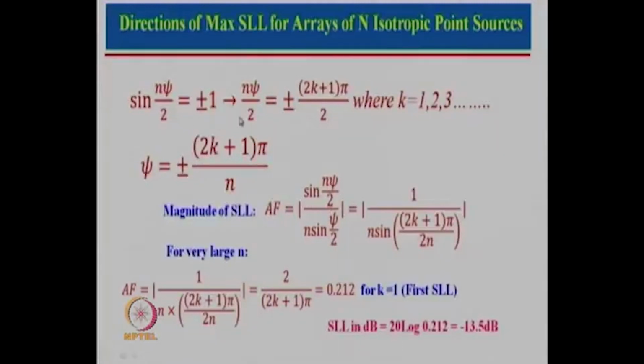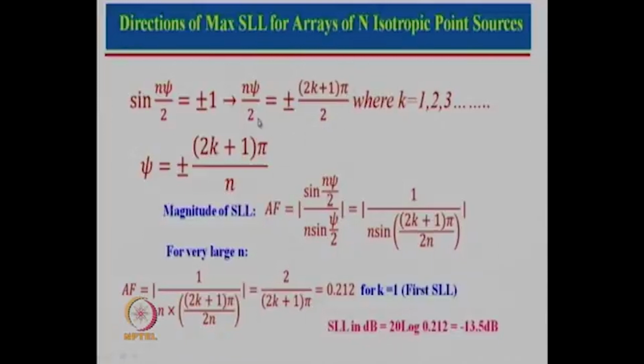So sin n psi by 2 should be 1, or it can be plus minus 1. Now just to mention, array factor is always the magnitude of the entire value. So whether it is plus or minus, ultimately we are concerned only about magnitude. So n psi by 2 should be an odd multiple of pi by 2. It cannot be an even multiple, because an even multiple will give us a 0 value.